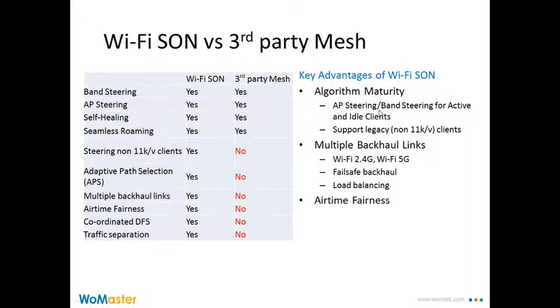AP steering and band steering belong to the algorithm maturity, as previously mentioned. And we just mentioned the backhaul links. Moreover, airtime fairness can make sure that each device can access the throughput fairly.